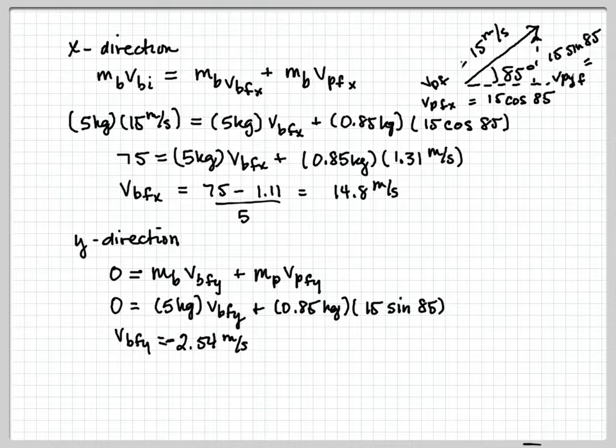So before, in the x direction, the ball is moving straight in a straight line. And then afterwards, we're going to have the sum of the two velocity components in the x direction. So here's the ball moving beforehand. Here is what happens afterwards.